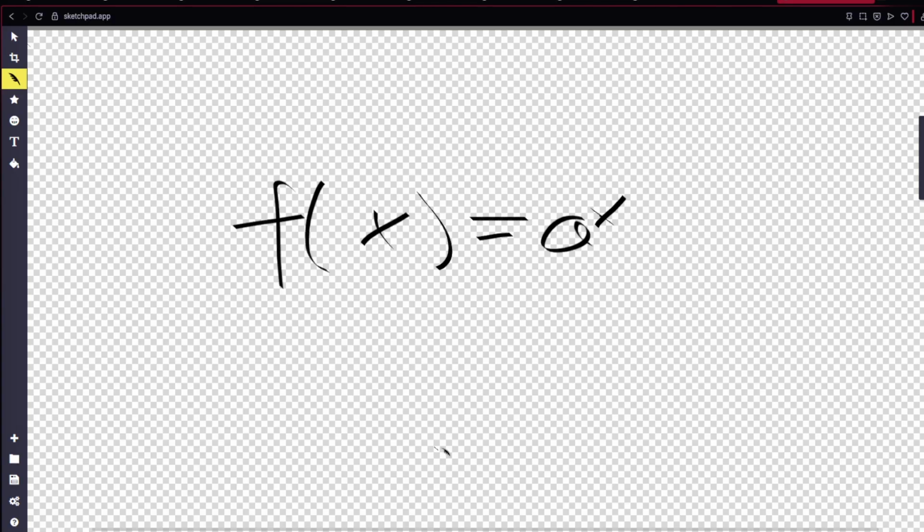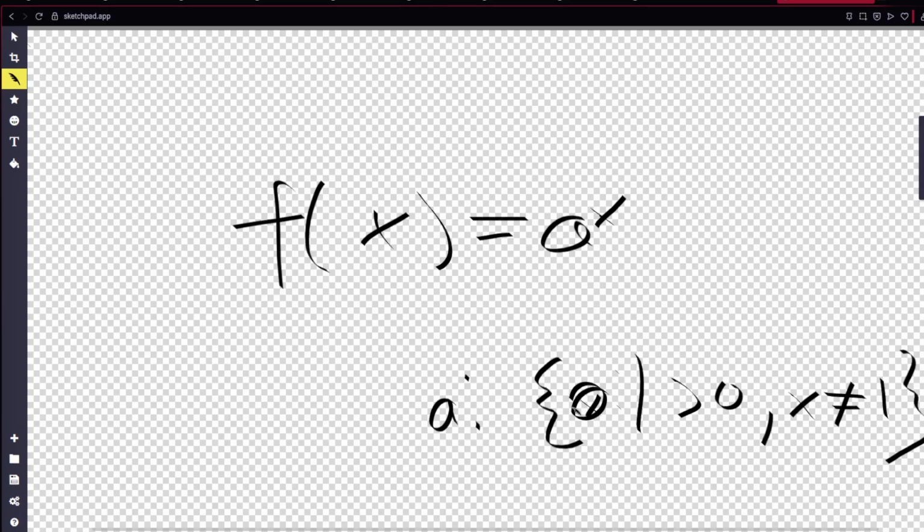I'll use kind of set theory here: a is greater than 0, excluding 1, then it's a continuous function. Depending on a, it should be a actually, I just used x as an input variable. But if a is greater than 0 and not equal to 1, then it's continuous.